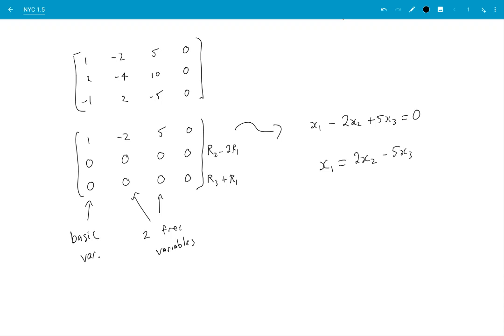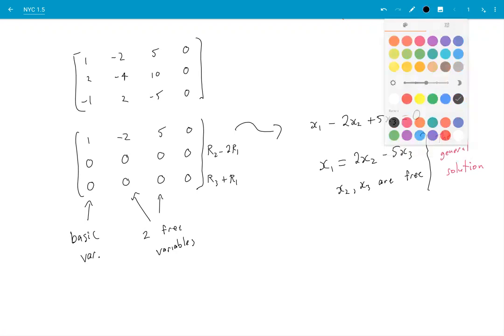Okay, I do that. Then you'd say x2, x3 are free. So that is called the general solution.